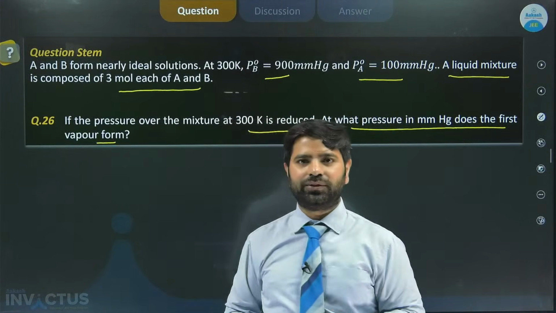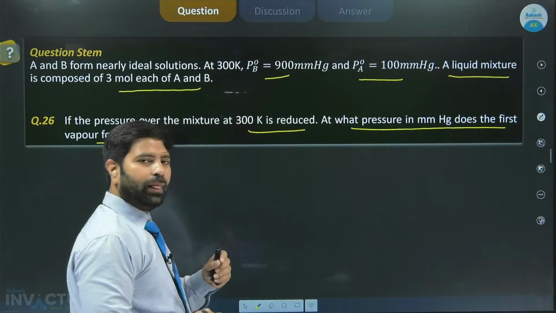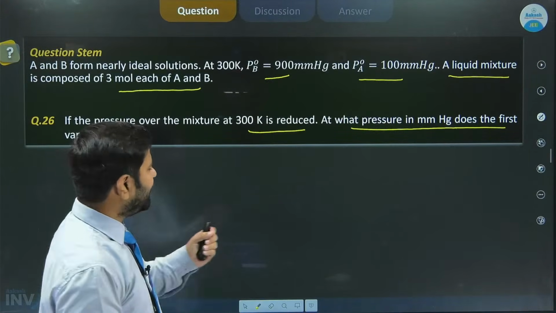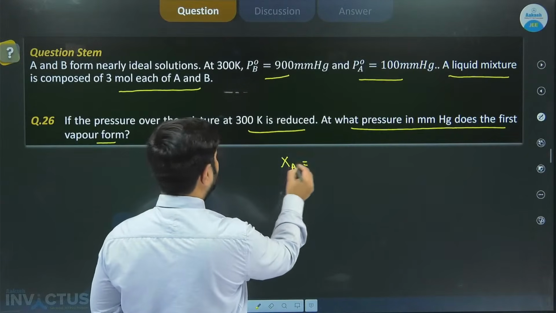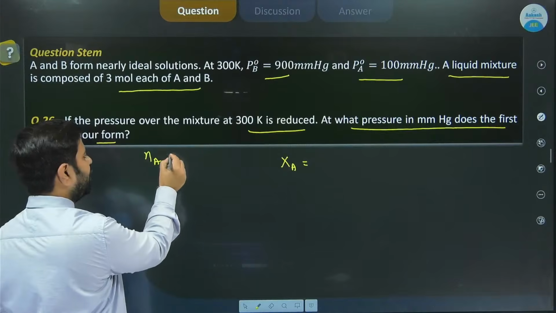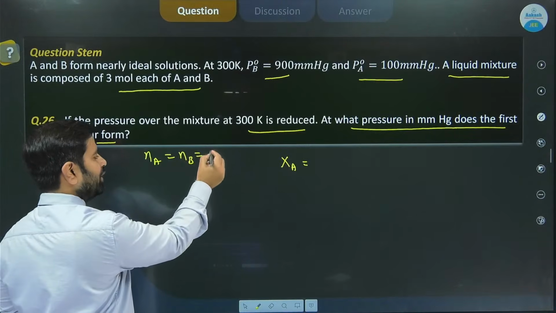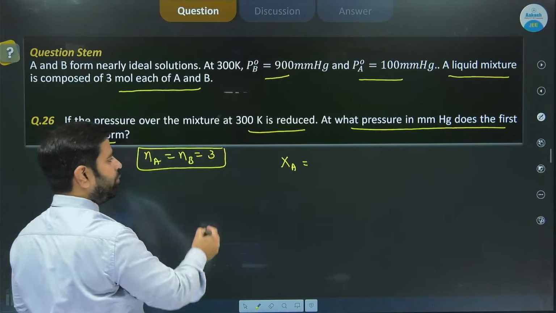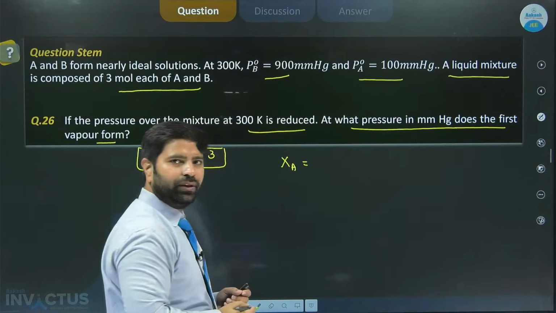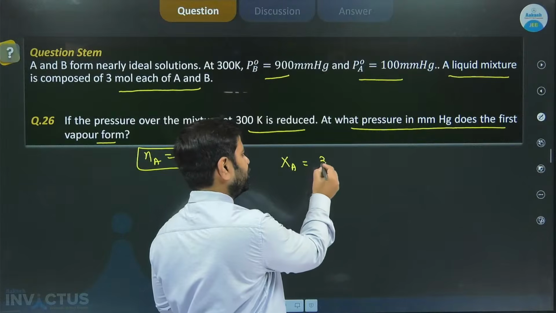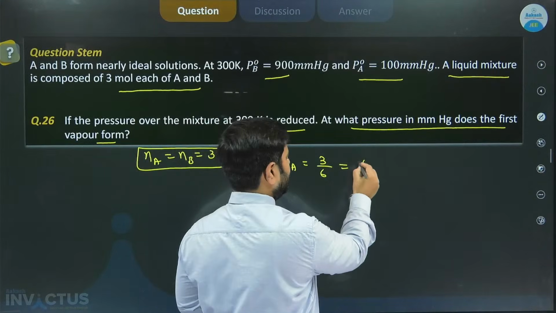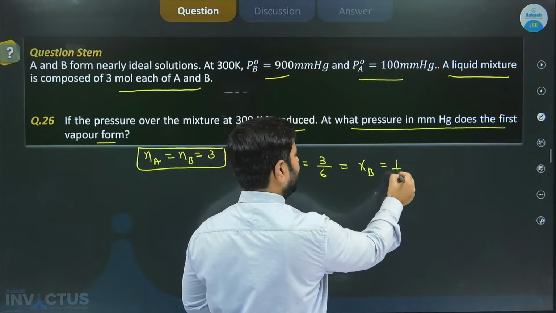When the first vapor will form, what is the pressure then? So we can simply calculate. We have been given that moles of A equal moles of B, that is 3. And what would be XA and XB? 3 by 6, that is equal to half.